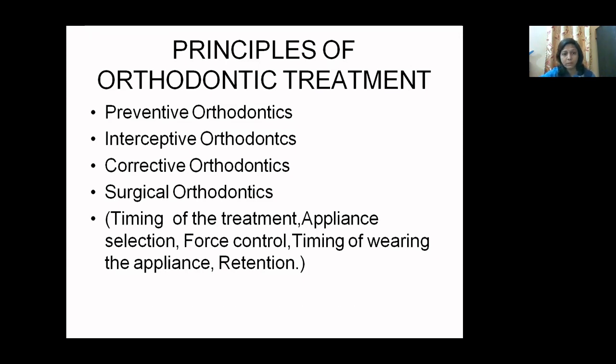Preventive orthodontics, as the name implies, is the action taken to preserve the integrity of what appears to be normal occlusion at a specific time. It includes the procedures undertaken prior to the onset of the malocclusion in anticipation of a developing malocclusion. So it is also known as primary prevention.